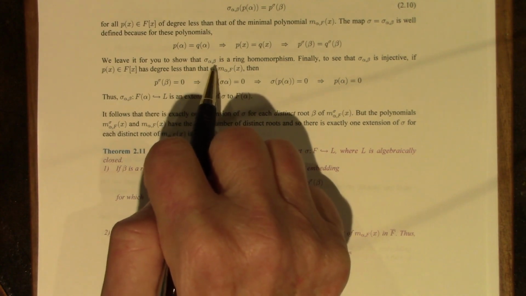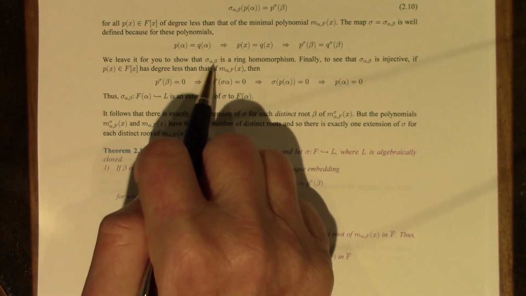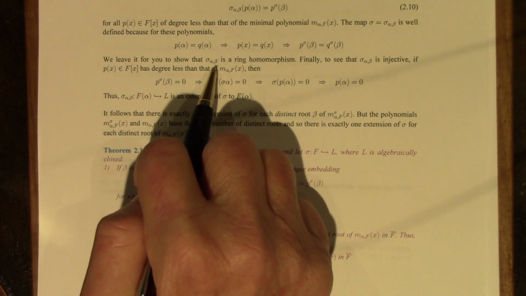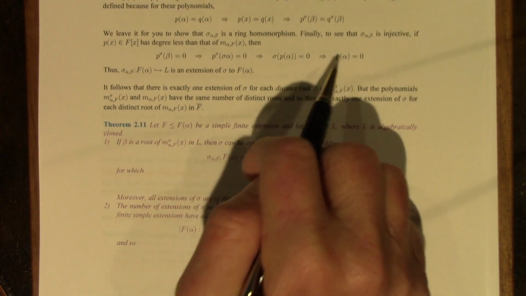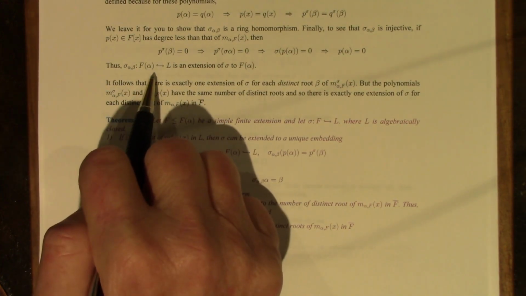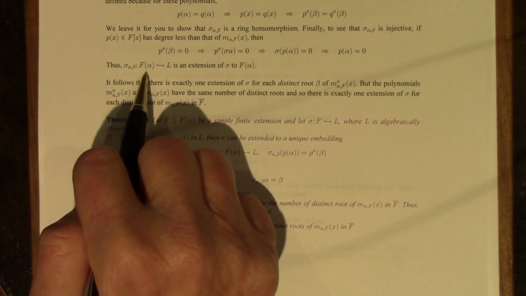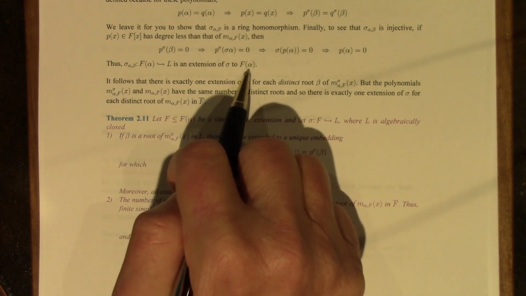I'm going to leave it for you if you want to fill in the details of why this is well defined. And also, I'm going to leave it for you to show that this is a ring homomorphism, and also that it is injective. It's a one-liner. So sigma alpha beta is indeed an extension. It's an embedding of F with alpha joined into L. It's an extension of sigma to this larger domain.